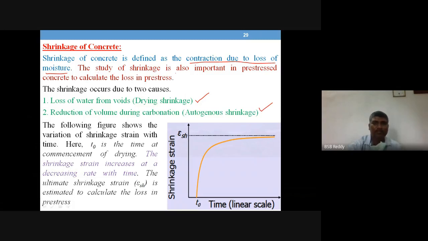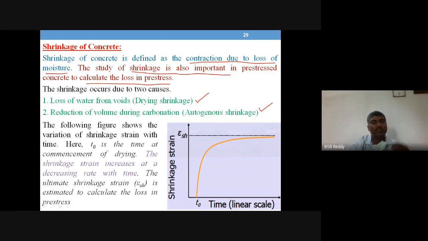The study of shrinkage is important to calculate loss in pre-stress. There are different losses in pre-stress that we will talk about in further sessions. So the loss in pre-stress due to shrinkage is also important.